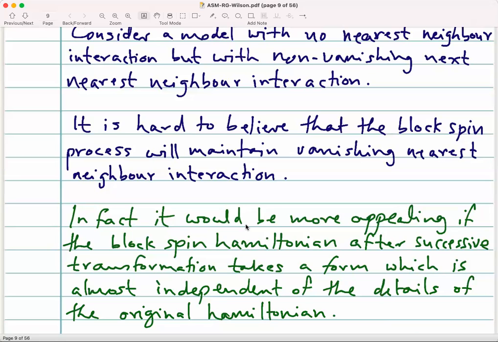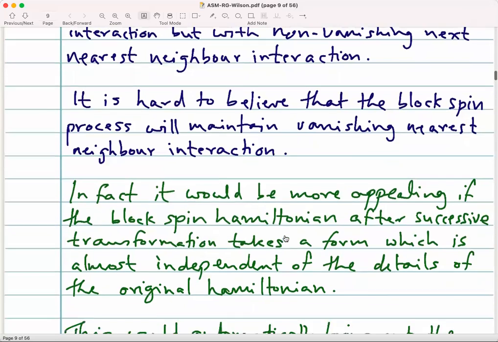Because what this tells us is that if you write down a system with nearest neighbor interaction or whatever type of interaction you define in the microscopic variables, suppose that information gets washed out in the process of block spin transformation, then the long distance physics described by successive block spin transformations would wipe out all the information about the microscopic interaction and give you a coarse-grained description for multiple systems for which microscopic interaction has no value and only long distance physics really matters.